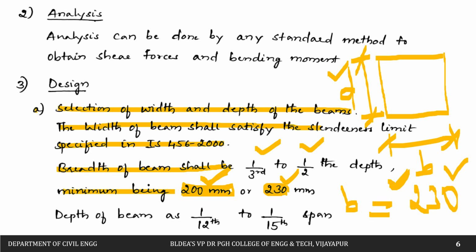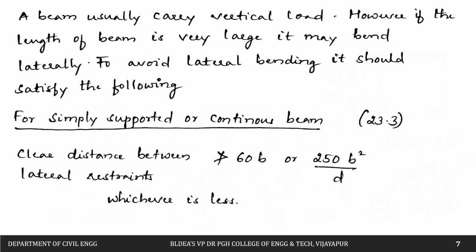Then next comes the depth criteria. Usually the depth of the beam shall be 1/12 to 1/15th of the span. So we have to fix the depth in this way. This is nothing but the breadth and depth that we are going to fix based on this criteria.